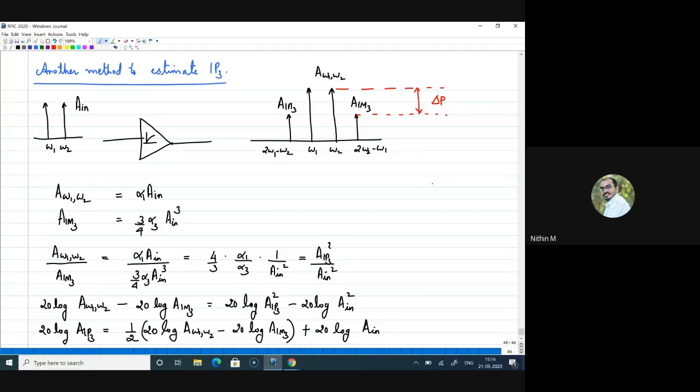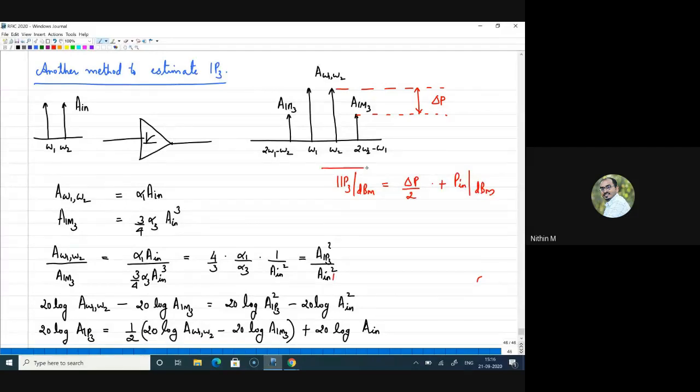If I express it in terms of power, I can write it as delta P. So IIP3 in dBm, which is a power value, can be written as delta P, the power difference between those two, divided by 2, plus the input power level in dBm.